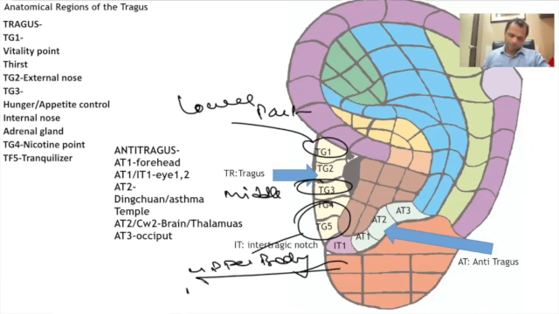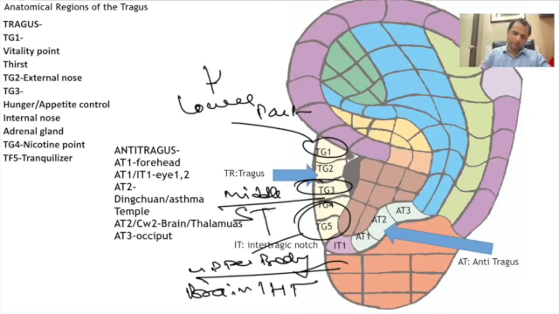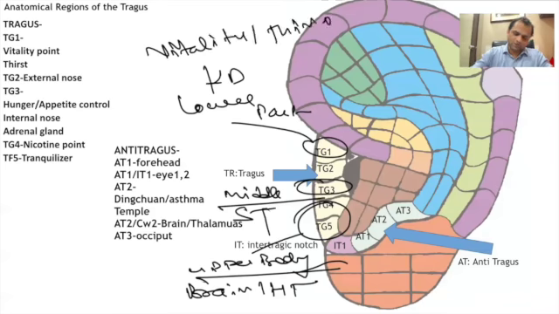The upper part connects to the brain and the heart. The middle part connects to the stomach and the lower part connects to the kidney. So kidney connects with vitality and thirst. So tragus 1 has been declared the vitality point and the thirst point.